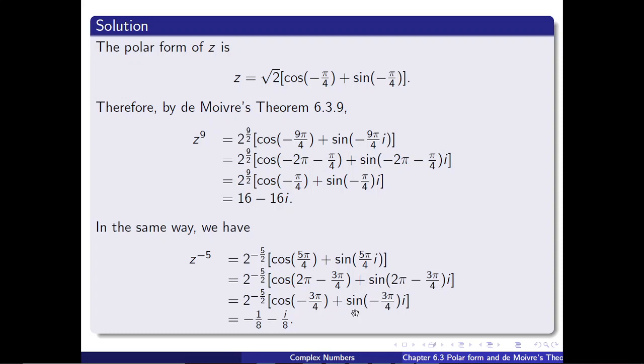And then if we do the calculation and simplify that, we get that this is minus 1 over 8 minus 1 over 8i, which we can write as minus (1 plus i) over 8.